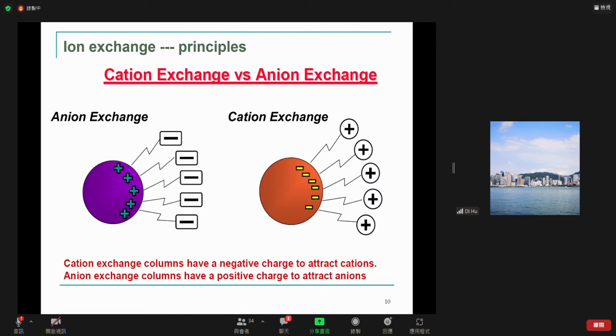Okay, so that's all for ion exclusion chromatography and ion pairing chromatography.